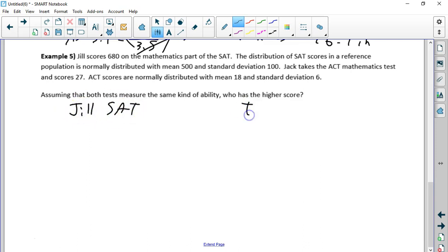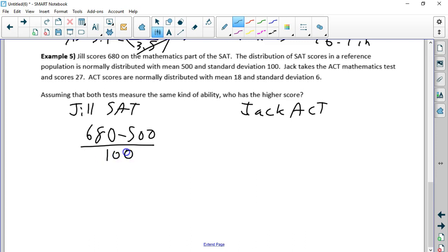Now we've got to do Jack with the ACT. So her score was 680, the mean was 500, and the standard deviation was 100. For Jack, his score was 27, the mean was 18, and the standard deviation was 6.